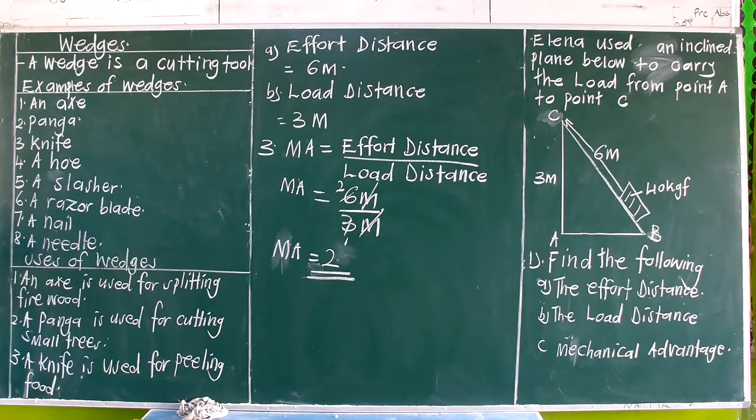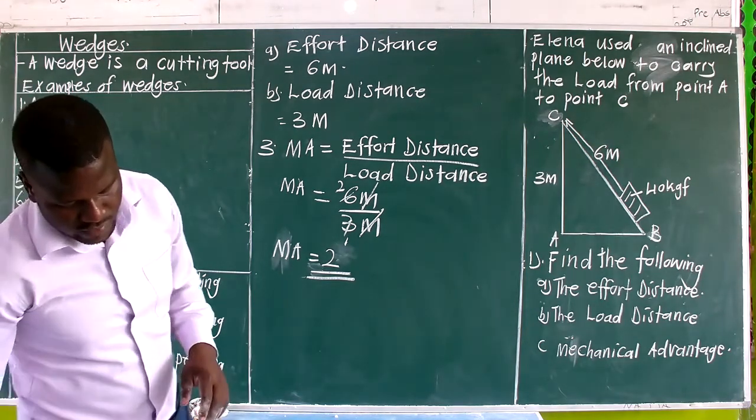A razor blade is used for cutting fingernails. A slasher is used for cutting tall grass. A hoe is used for digging, and so on. So that's how we give uses of wedges.